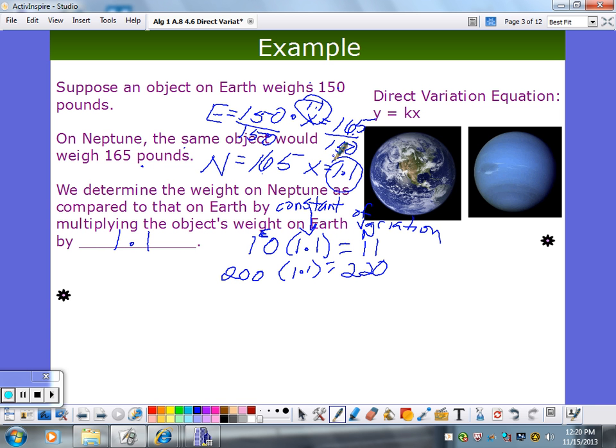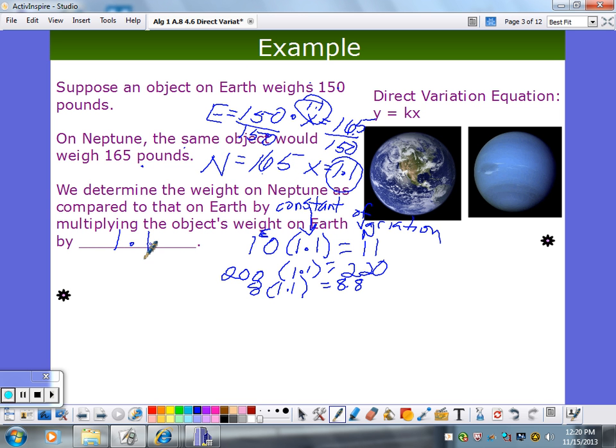So this desk weighs, I don't know, 8 pounds. If I wanted to know what it weighed on Neptune, it would be 8.8. For everything, you multiply by 1.1, the same number every time. For this situation, we say that Earth and Neptune vary directly.